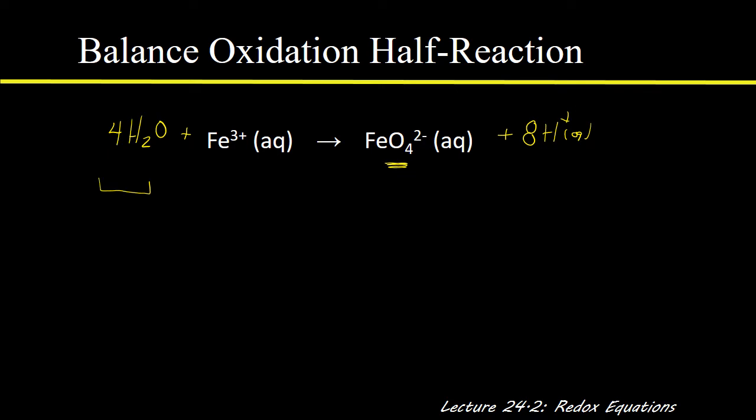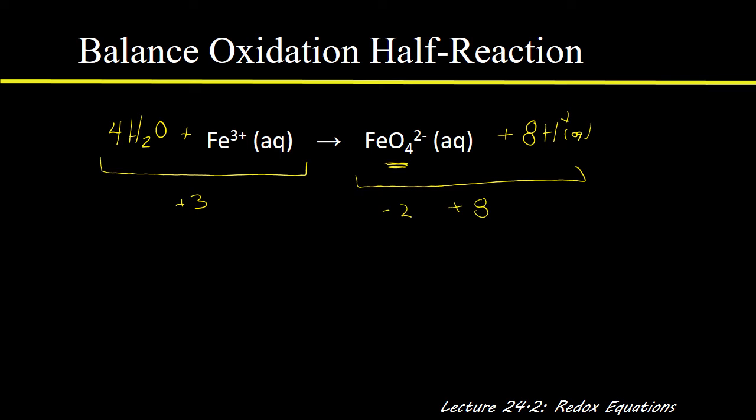All right. And now we want to balance the charge. And again, it's not necessary that the charge is equal to 0. It's just necessary that it's the same on both sides. On the left-hand side, we've only got one thing with a charge. We've got an iron 3+ ion. So that's a charge of +3. And on this side, we've got this ferrate, which is -2. We've got 8 hydrogens, which is +8.